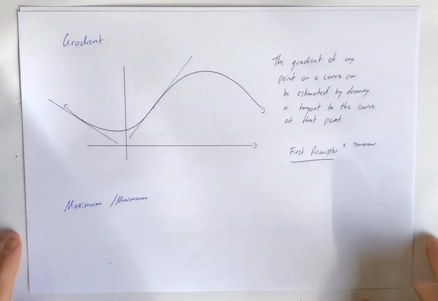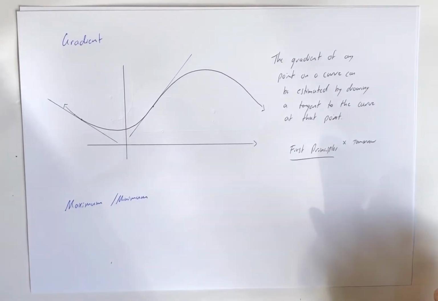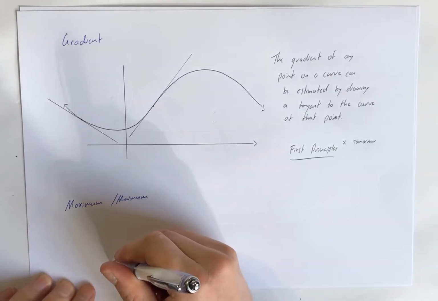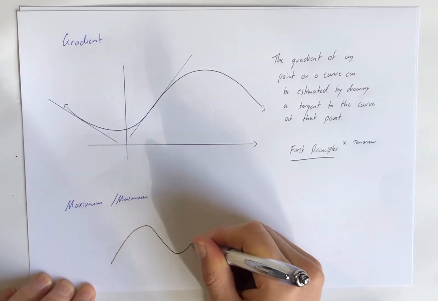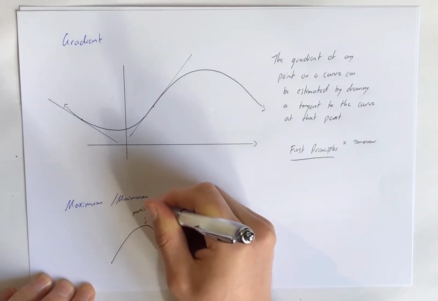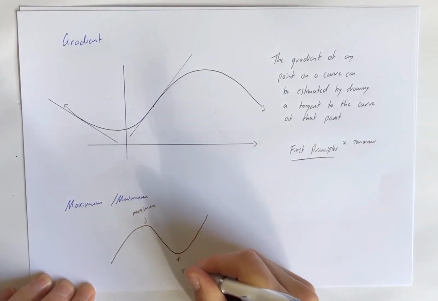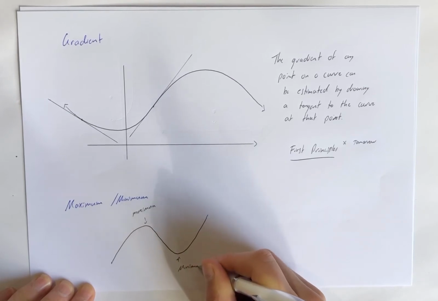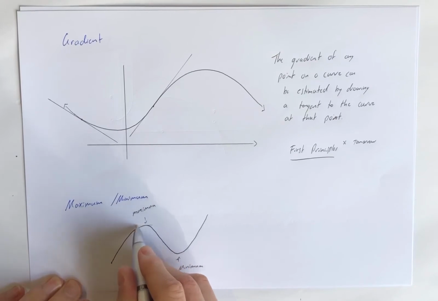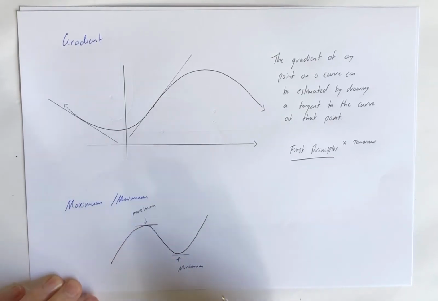The other definition I wanted to go through with you is maximums and minimums. So most of you would have seen this before, but basically you take a curve and it can either have what is a maximum and what is a minimum. And what's particularly interesting about maximums and minimums is the gradient is always 0.